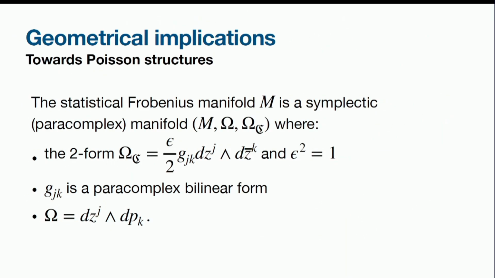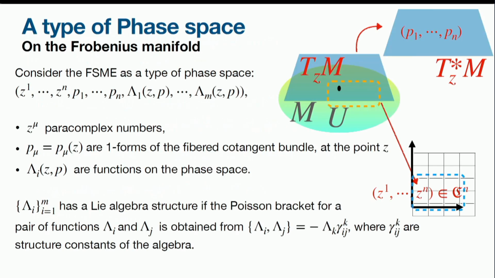Right, so that was the summary. We have this symplectic manifold here, this two form here, and we can talk about Poisson structures. In particular, the secret relies in considering this manifold as a type of phase space, where, I think everybody knows what that is, we have one forms, paracomplex numbers, and functions on the phase space, and these functions give us a structure of Poisson bracket here.